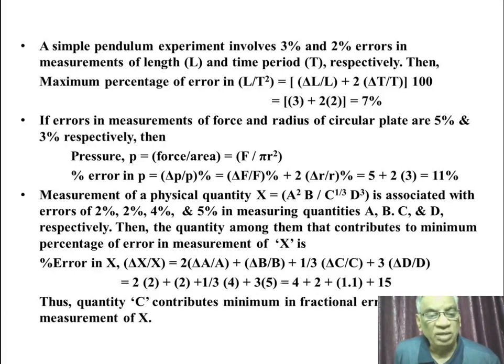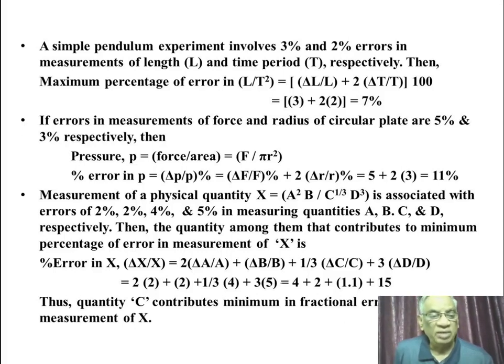So if you put all the values of the given errors of a, b, c, d, 2%, 2%, 4%, 5% respectively, you will get 4 for the a term, 2 for b, 1.1 is the value of the fractional error for c, and 15% for d.